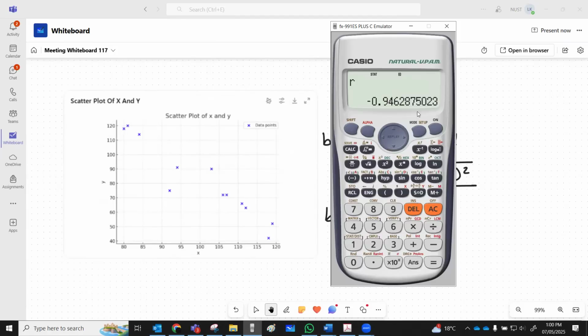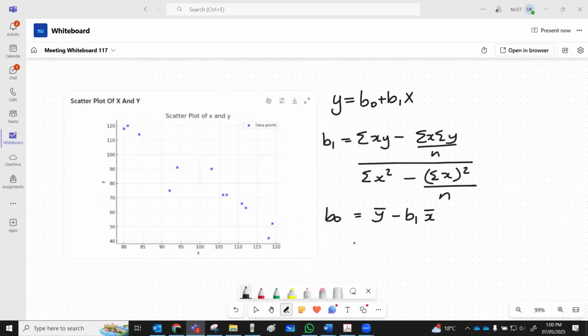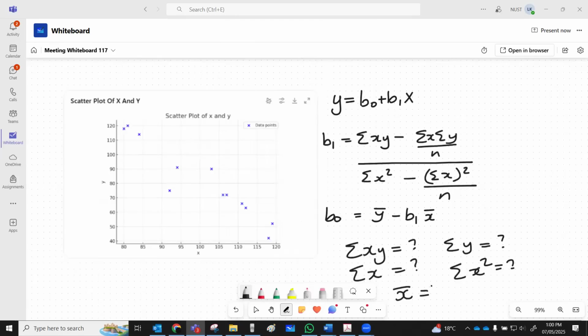Okay, so with the calculator, basically what I will be checking is, did you get these values? Did you get the sum of the xy? So you should write that down, the sum of the x's, the sum of the y's, and the sum of the x squared. And also, what is your x bar and what is your y bar equal to.